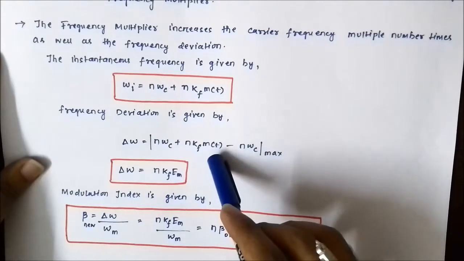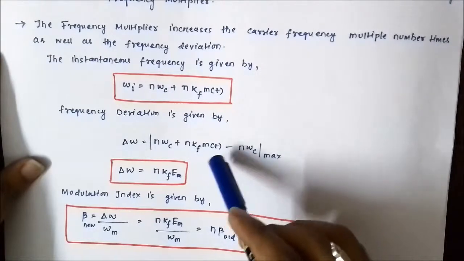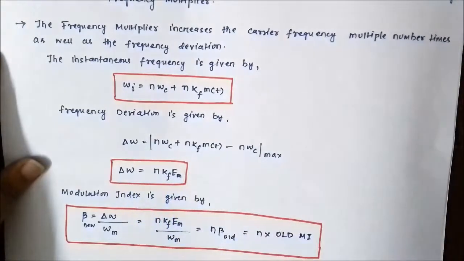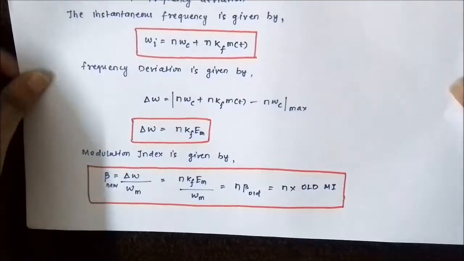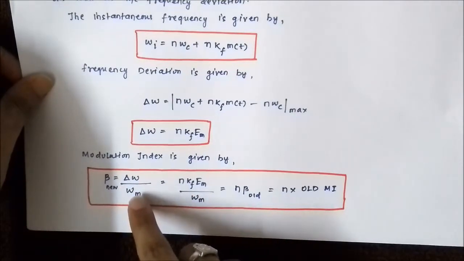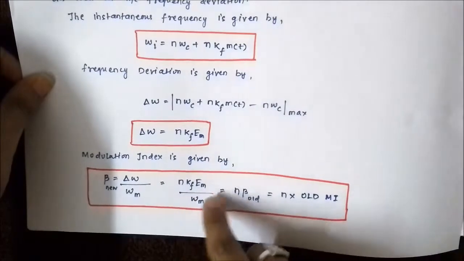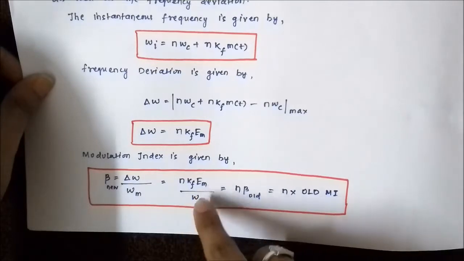m(t) is Em cos ωmt. Now the maximum value of cos is 1, so we get the maximum value of frequency deviation as n kf Em. Now the modulation index is actually the ratio between the frequency deviation Δω and the modulating signal frequency. So we substitute the values: n kf Em by ωm, which is equal to n into kf Em by ωm.